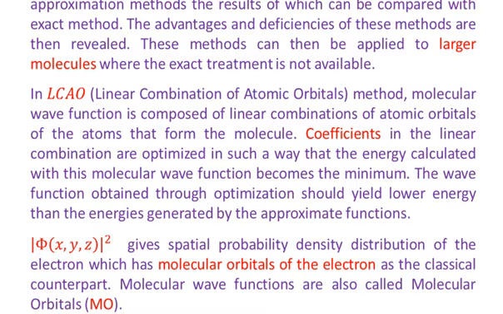So here I have said that the wave function is obtained through optimization of these coefficients, which are the coefficients of the different atomic orbitals that form the molecule. The wave function obtained through optimization should yield lower energy than the energies generated by the approximate functions.